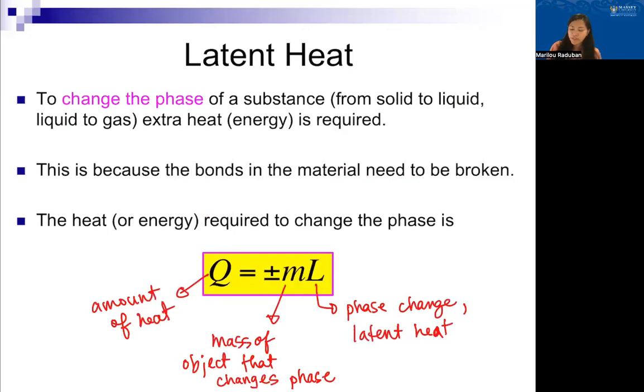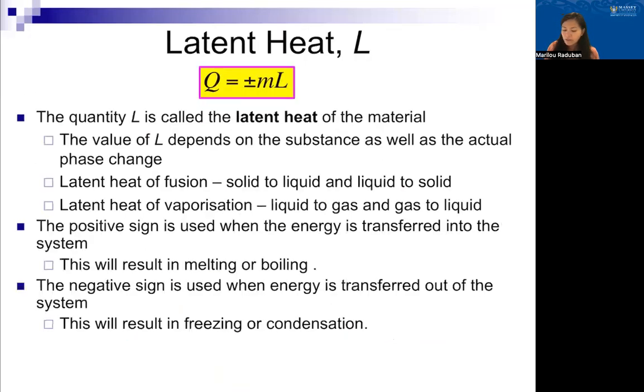So during phase change, you need this amount of heat Q in order to accomplish the phase change L in a material with a certain mass m. The plus and minus sign here, we'll talk about that in a bit.